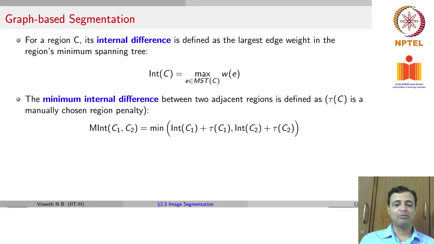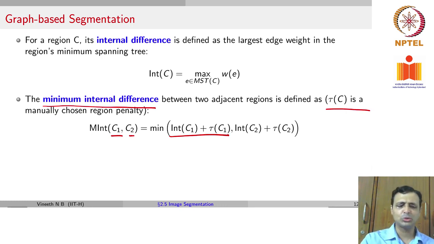Another quantity we're going to define is called minimum internal difference. Minimum internal difference is given by, if you had two regions C1 and C2, the minimum internal difference between these two regions is given by the minimum of the internal difference of C1 plus tau of C1, where tau of C1 is some manually chosen penalty. I'll explain that in a moment.